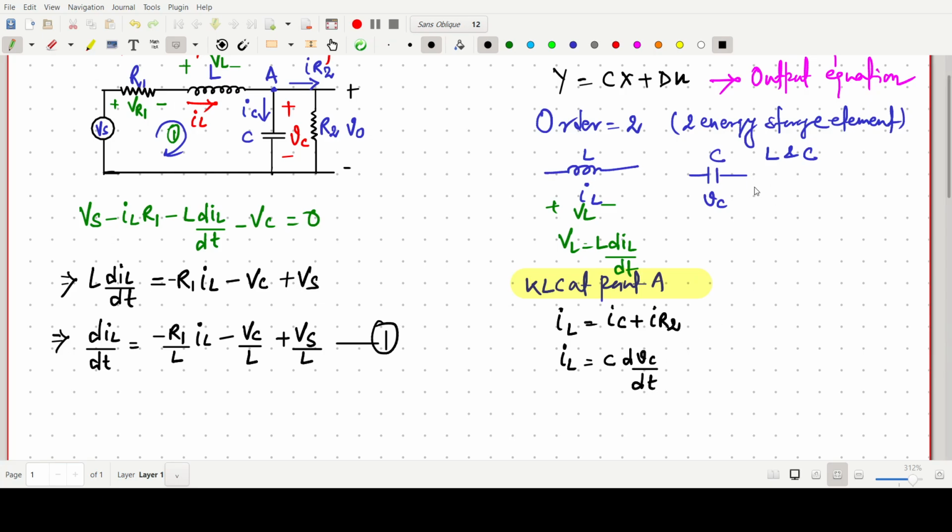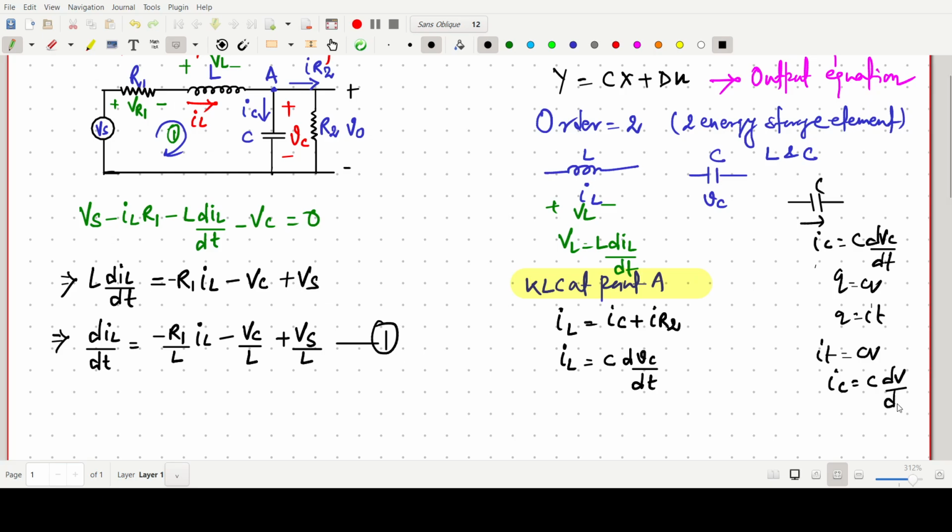If some capacitor is there, then the IC current will be C dVc by dt. Or you can say Q equals CV, Q equals IT, so IT equals CV, so we can remember it like that also, C dV by dt.